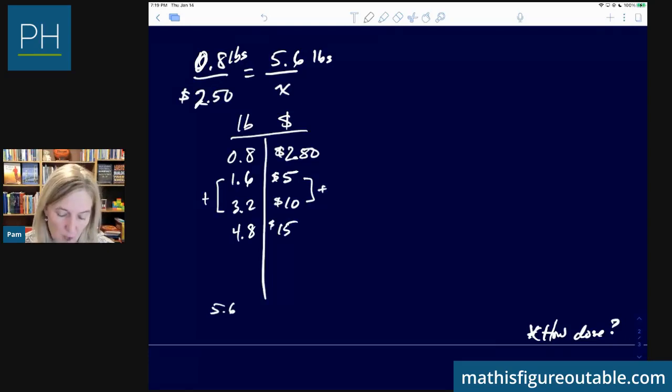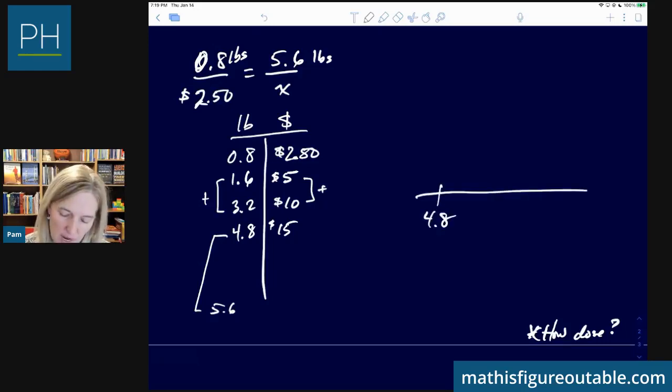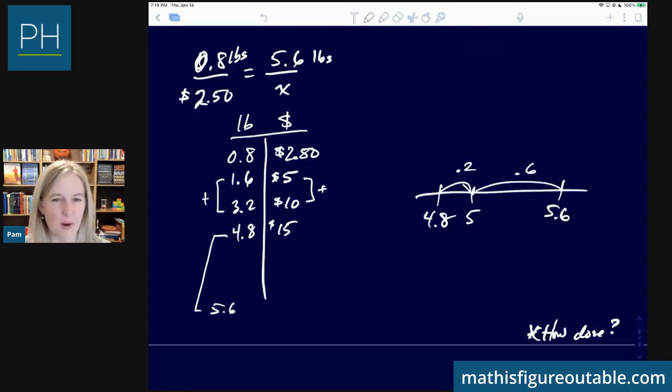Well, I'm getting close. Let's see, how far are we? How close are we? What do I still need? Ooh, it looks like I still need, let's see, I could think about that like 4.8 to 5.6. Let's see, 4.8 up to that friendly 5. That's just 0.2, and that's just 0.6, right? And I'm going kind of fast. I wouldn't be telling kids how to do this.